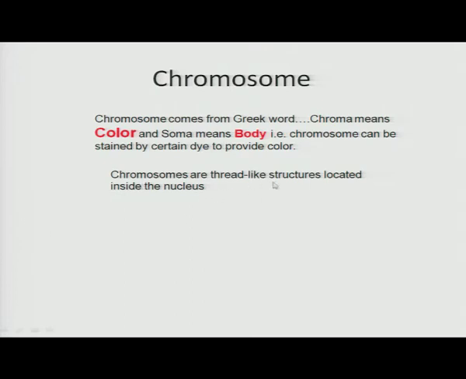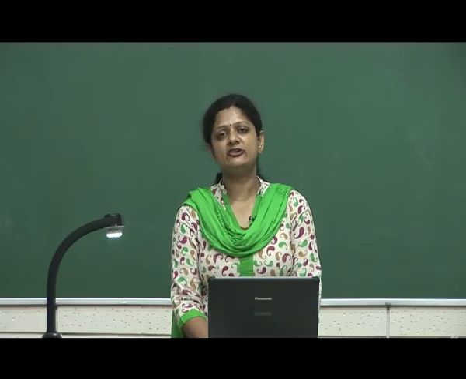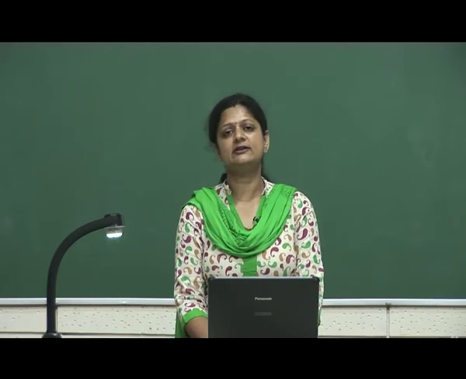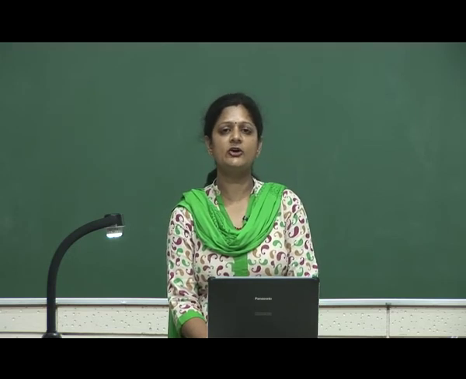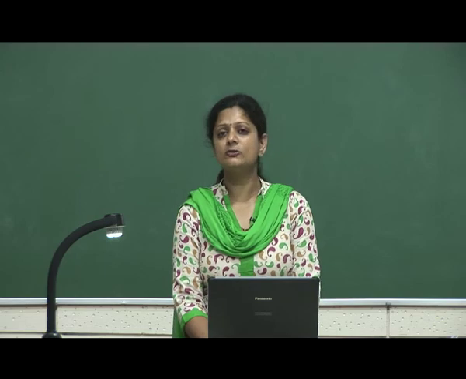Chromosomes are thread-like structures located inside the nucleus of the eukaryotic cell. If you see the chromosome with the help of an electron microscope, you can find thread-like structures inside the nucleus of the eukaryotic cell, and those thread-like structures are considered as chromosomes.